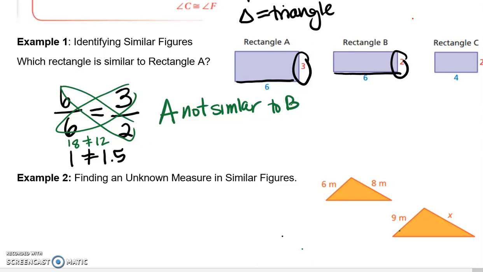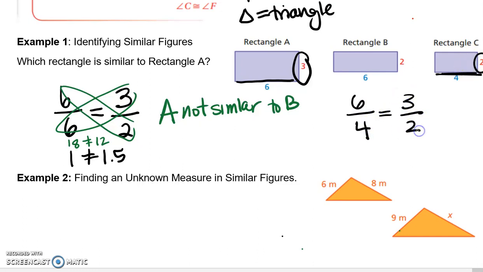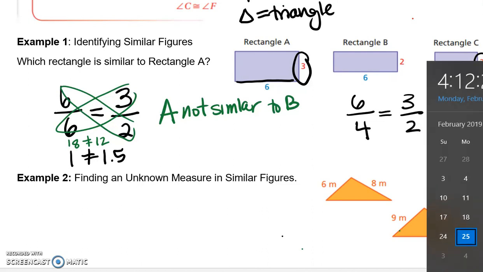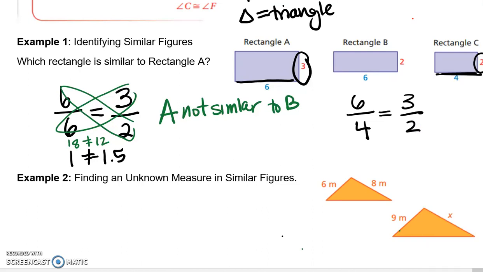So now I need to try A to C. Instead of 6 over 6, it's going to be 6 over 4, because those sides are corresponding. So 6 over 4 equals 3 over 2. If you simplify both of these, 3 over 2 is 1.5, and 6 over 4 is also 1.5, or 3/2.